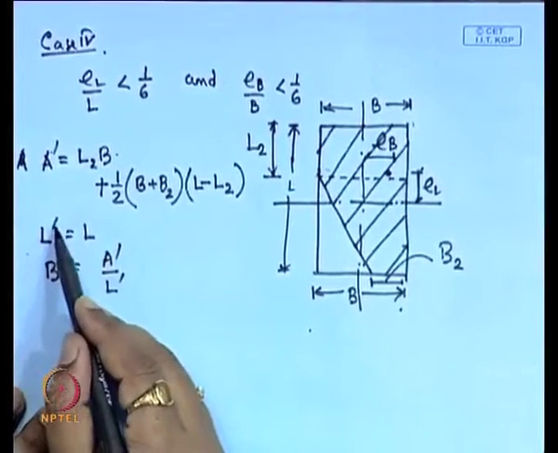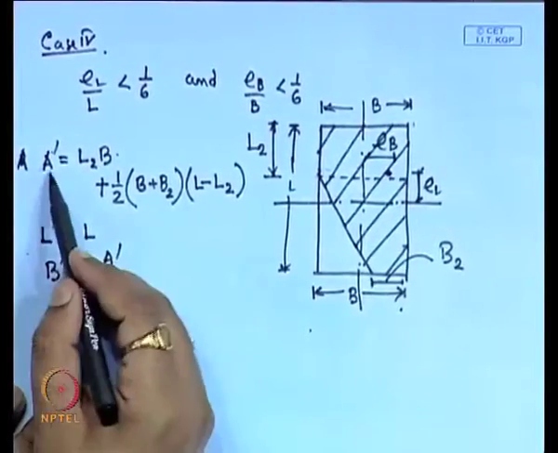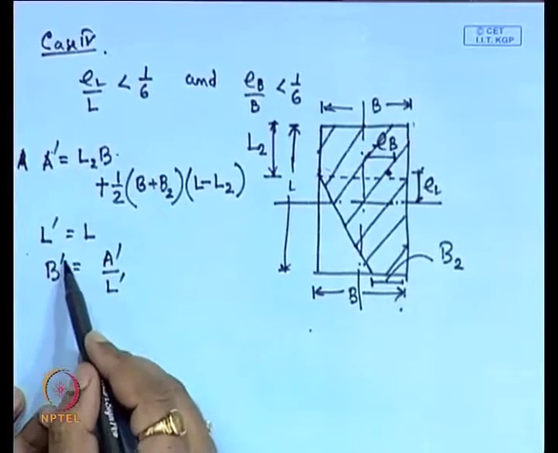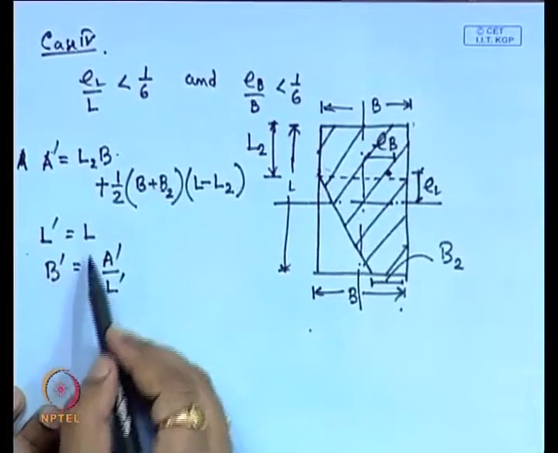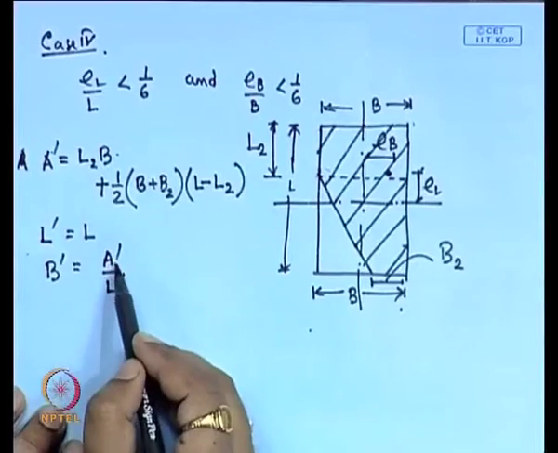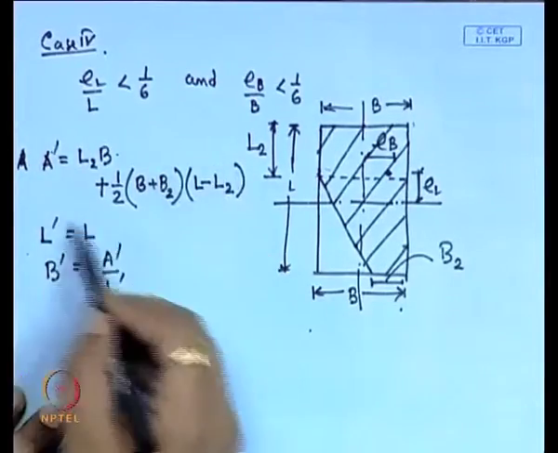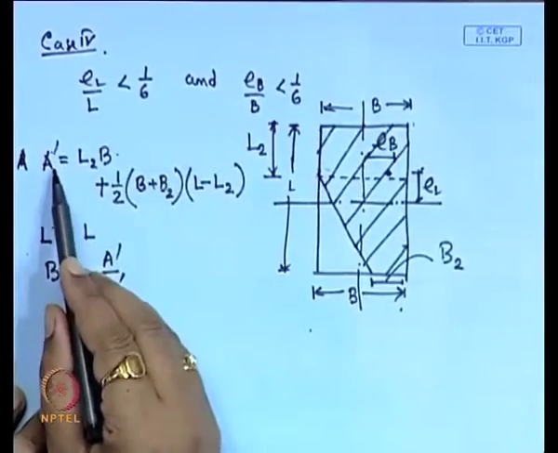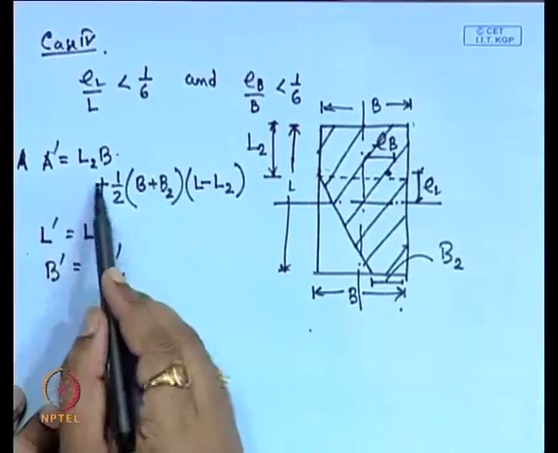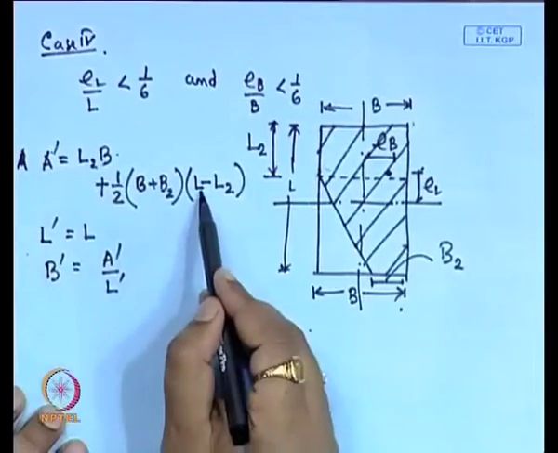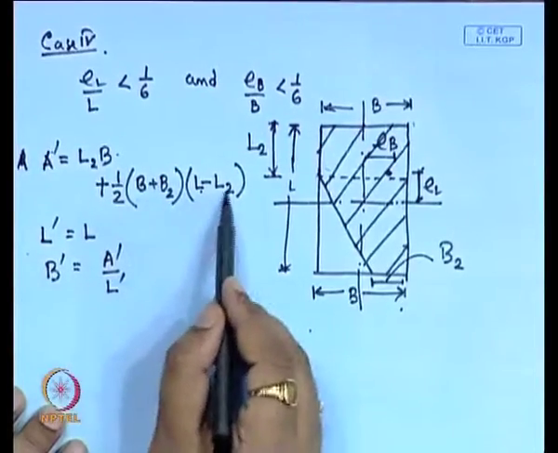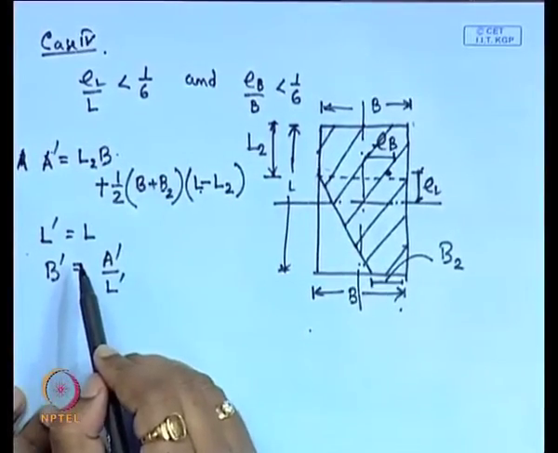So, we can determine the L dash, but unless we know the A dash, it is very difficult to find the B dash. So, once we get the L dash, we should know the A dash, so that we can determine the B dash. Now, suppose in this expression we do not know the value of A dash, because here B we know and L we know, but we do not know L 2 and B 2.